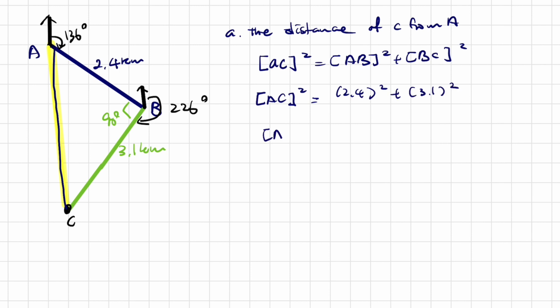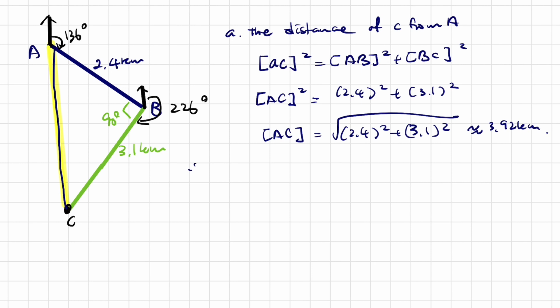So line AC is the square root of 2.4 squared plus 3.1 squared. The answer is about 3.92 kilometers. So C is about 3.92 kilometers from point A.